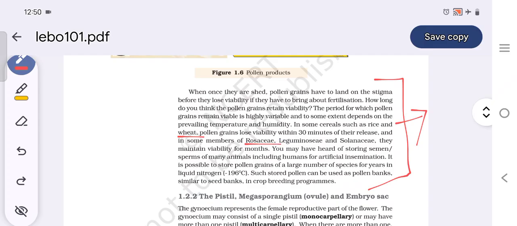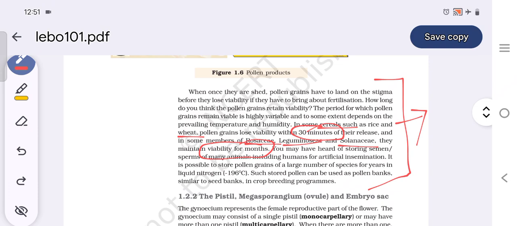You have wheat, you have rose, Leguminosae refers to the legumes, Solanaceae refers to potato and tomato. These are the family names. When you have cereals like rice, it loses its viability within 30 minutes. And for roses and legumes and the Solanaceae, it is viable for different months.